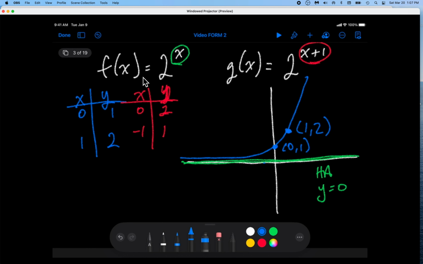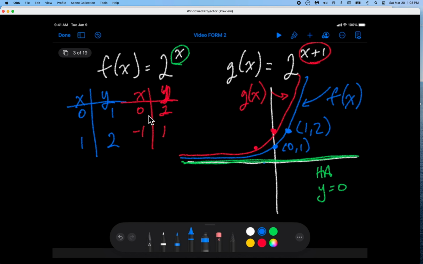Okay, let's do g of x now in red. We're going to have the point (0, 2) and (-1, 1), like that. And our graph is going to do this. This is g of x, and this is f of x here.